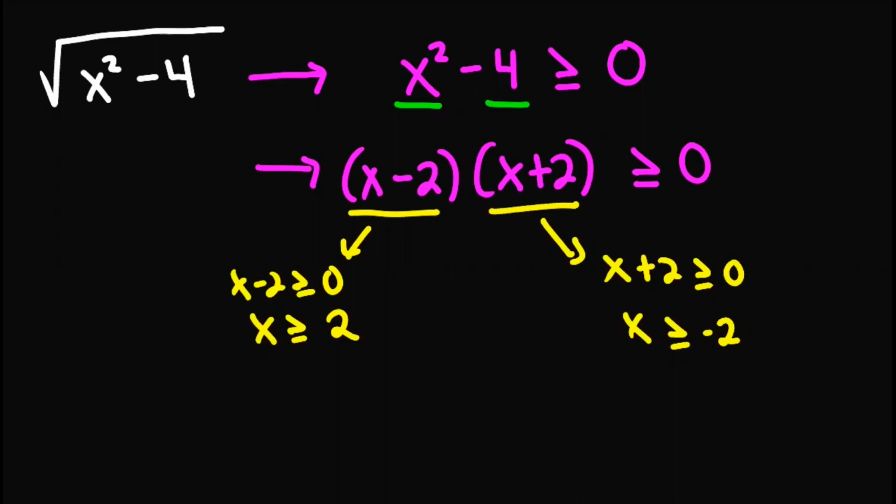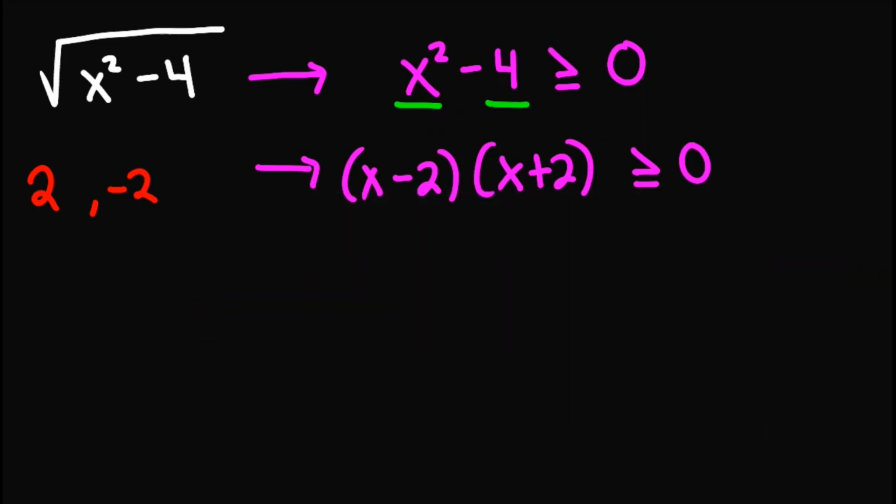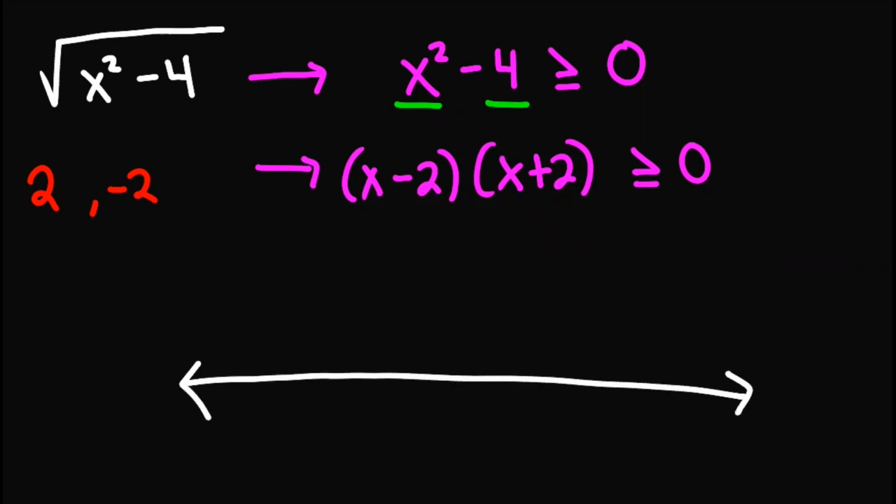So what we'll do instead is we'll take these values, 2 and negative 2, and we'll plot them on a line. So let's say if we have the 0 here, we'll have the 2 out here, and we'll have the negative 2 out here.